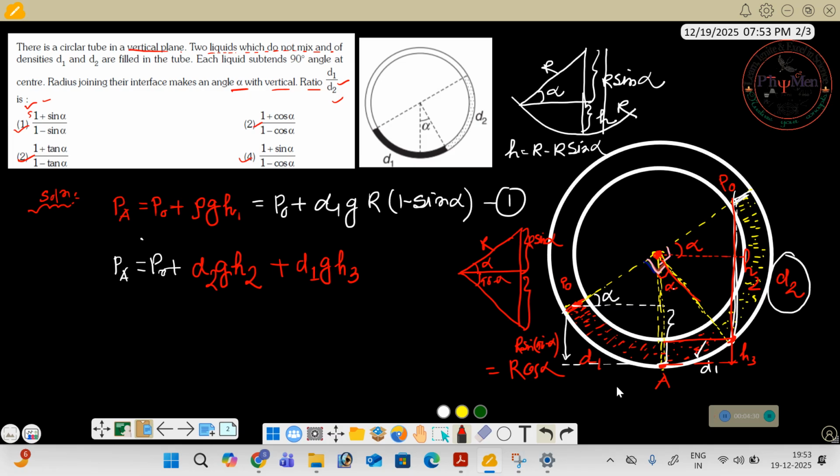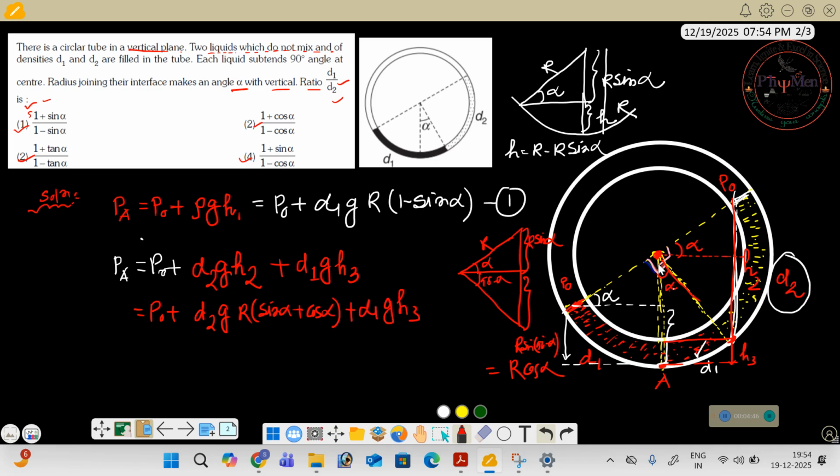So total height H2 will be R into sine alpha plus cos alpha, so P0 plus D2 g R sine alpha plus cos alpha, plus D1 g H3.